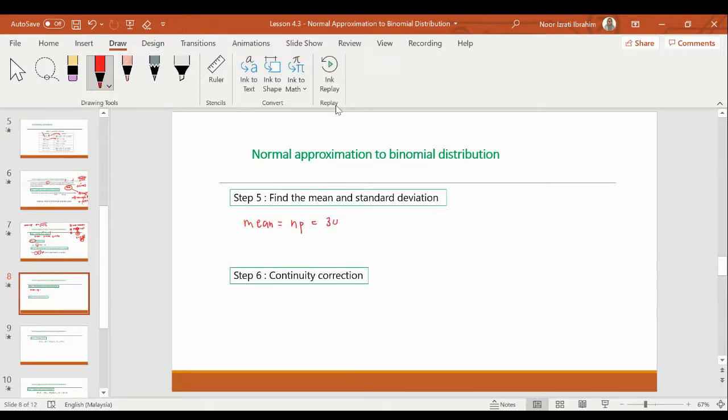To find the mean, it will be n times p. We already found just now, 300 multiplied by 0.06 equals 18.